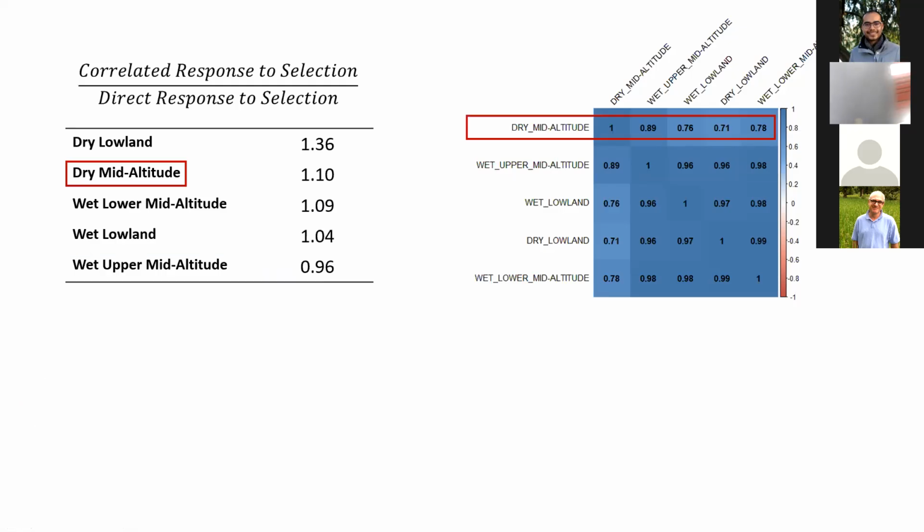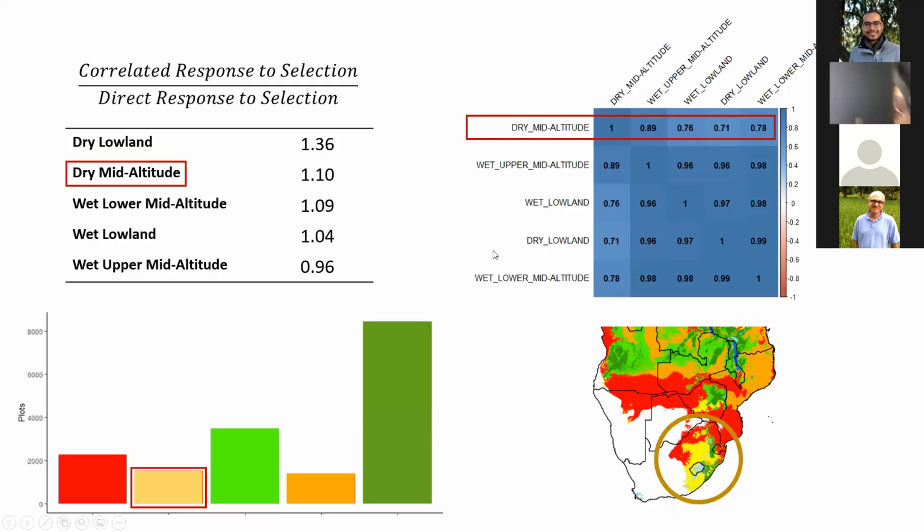So the second thing that was interesting is that dry mid-altitude, although these genetic correlations are still quite reasonable, they were a bit lower than those between all the other environments. And the major reason is, and that's what Jill told me, that many of the testing environments in the dry mid-altitude mega environment are located in southern Africa.